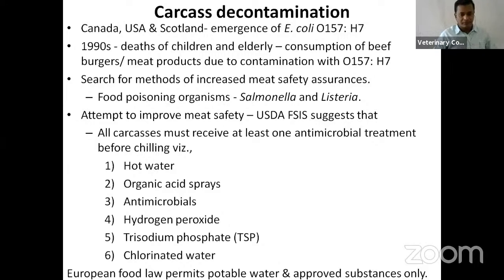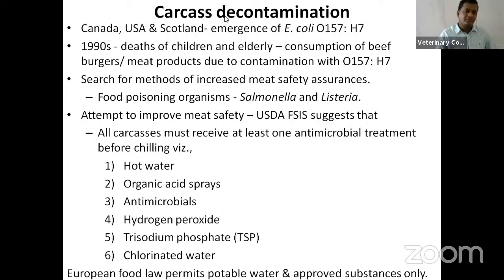Carcass decontamination is a process wherein even if low numbers of pathogens remain on the carcass, they are inactivated at the site of their lodgement.